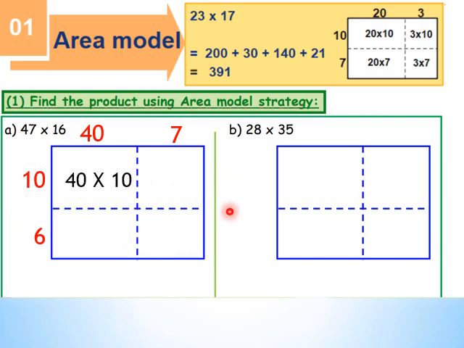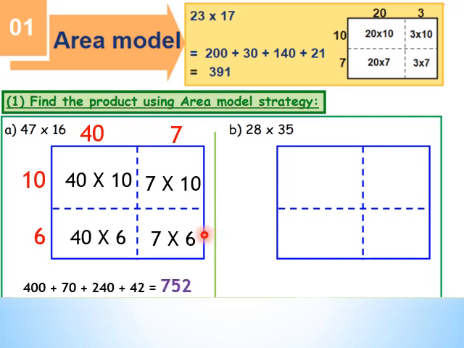So side by side, the area of this rectangle is 40 by 10, and the area of this rectangle is 7 by 10. And to get the area of this small rectangle, I multiply side by side, length by width, so it will be 40 by 6. And here I'll say 7 by 6.